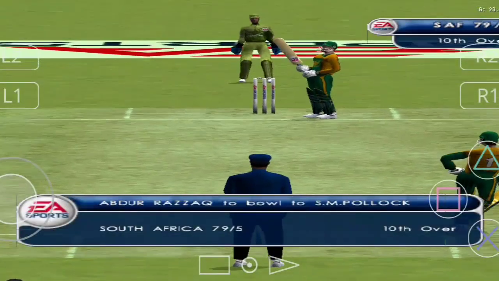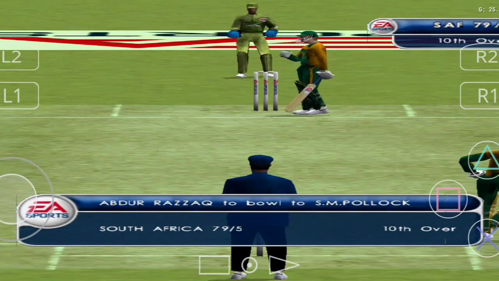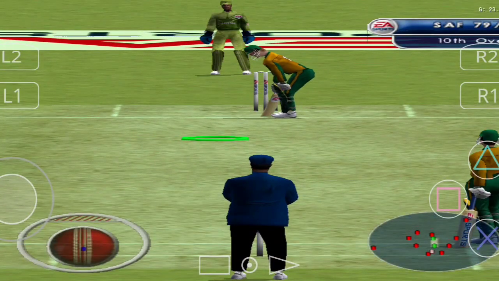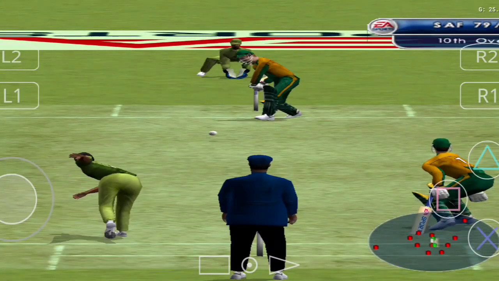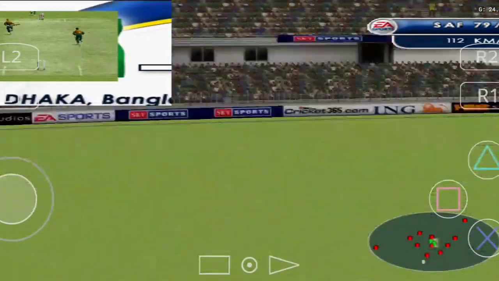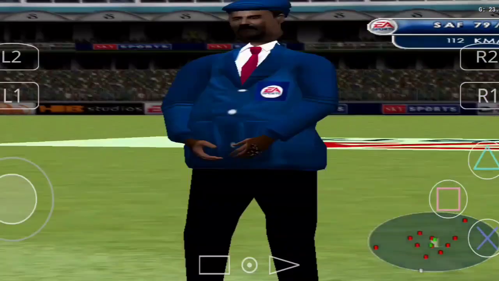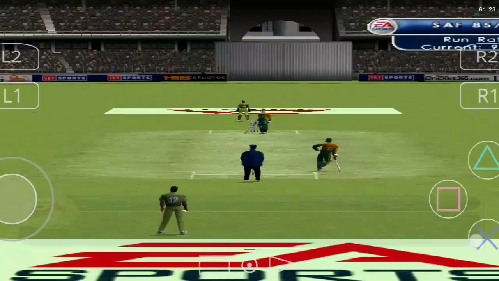Pakistan are about to make a change in the bowling. That's cleared the rope. 6 runs. The bowler doesn't look too happy about it.